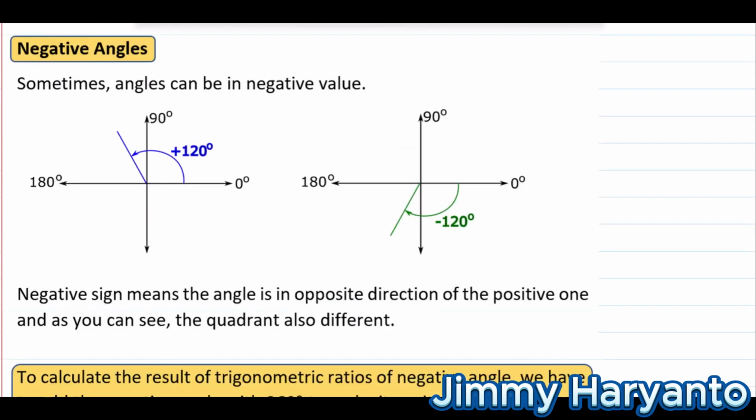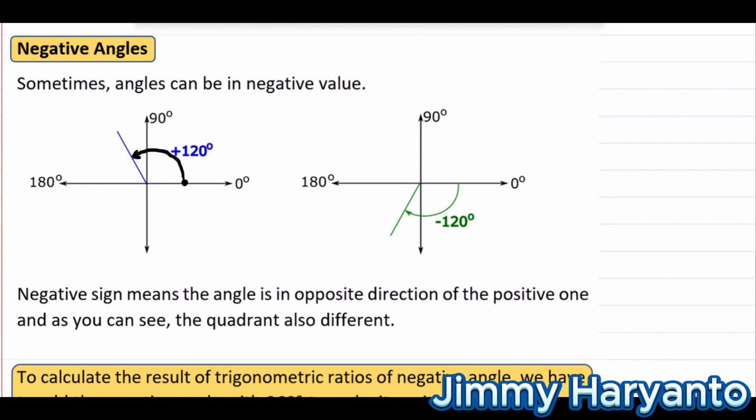Next is negative angles. Sometimes angle can be in negative value. What is the meaning of negative sign in angles? For positive sign, the angle is measured from the x positive axis right here. This one is the x positive axis, right? And then you will move counterclockwise for the positive angle.